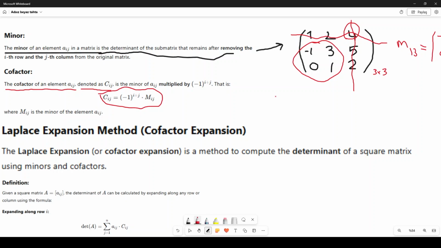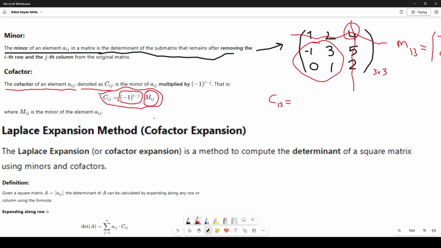So for instance, if I want to find cofactor 1, 3, then what should I do? Well, first of all, I need to find the minor of that element, right? mij corresponds to the minor of that entry. And then I need to multiply that value by -1 to the power of i plus j.